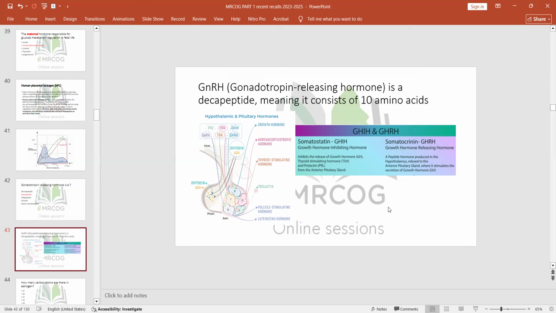Okay. You know which type of hormones are steroids? Sex hormones. LH, FSH, or estrogen and progesterone and testosterone.